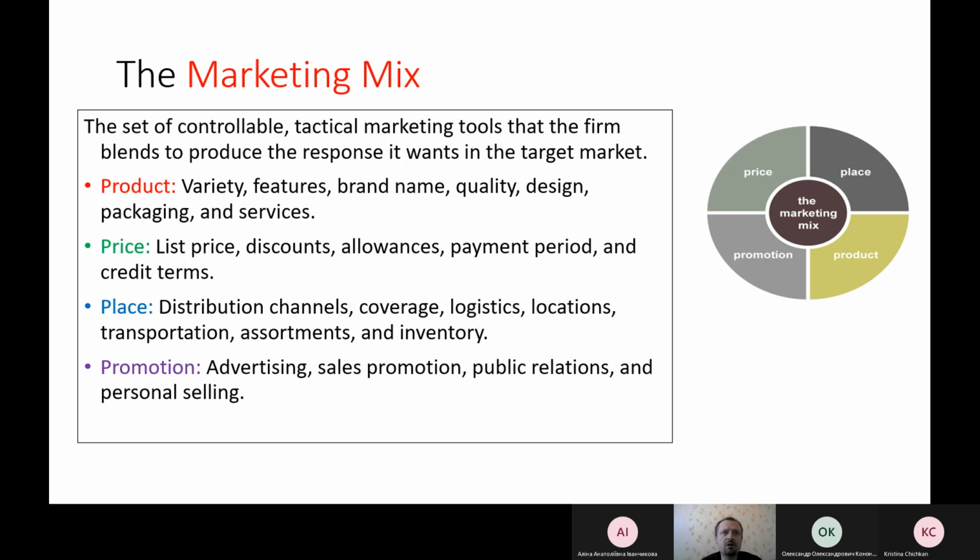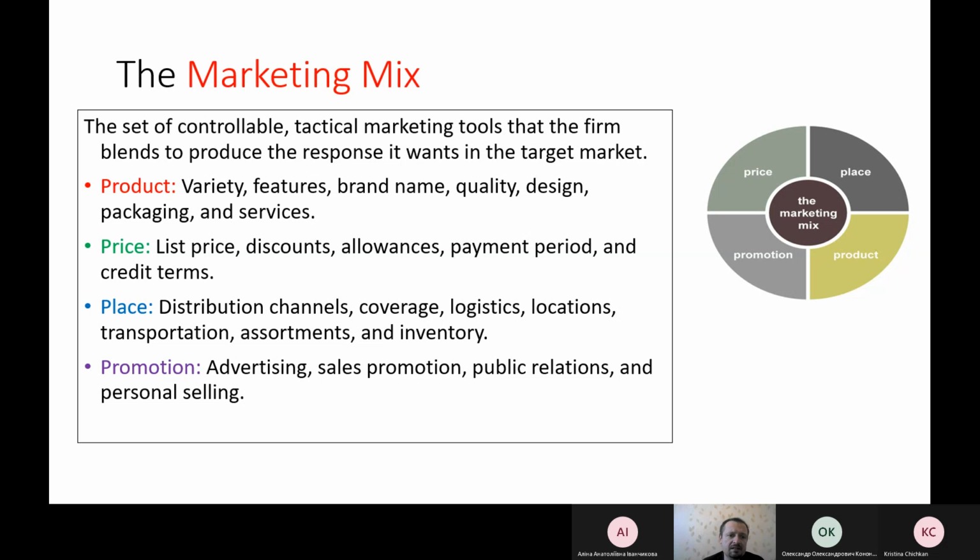When speaking about price, you have to think about whether to use some premium price, or some discount price. There are a lot of ways of creating price, but generally there are only two main points.